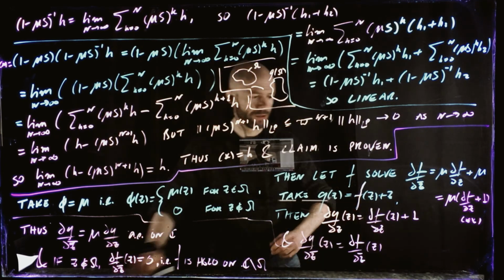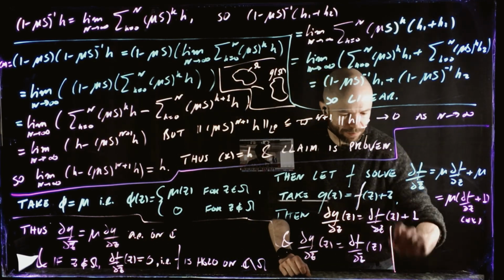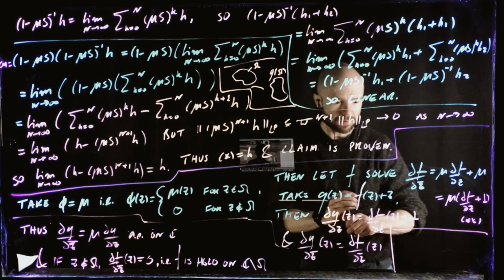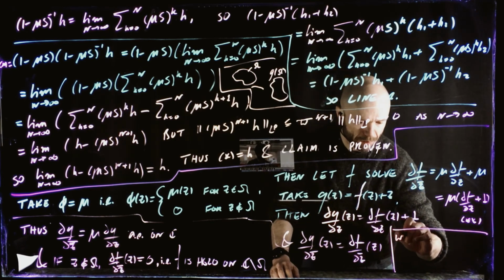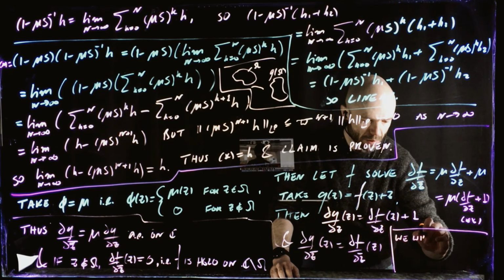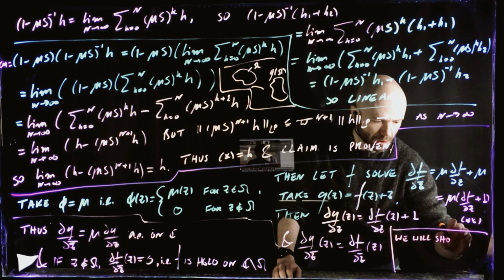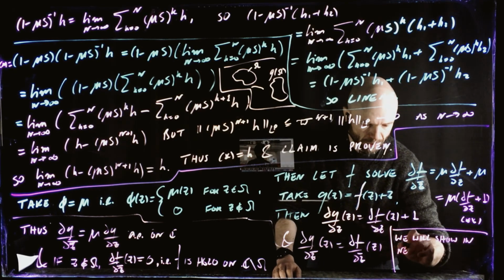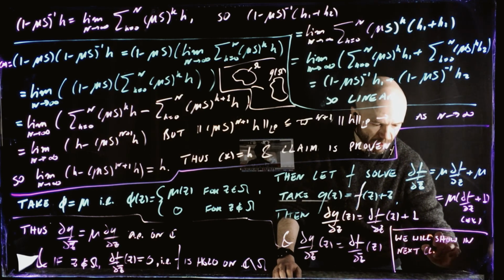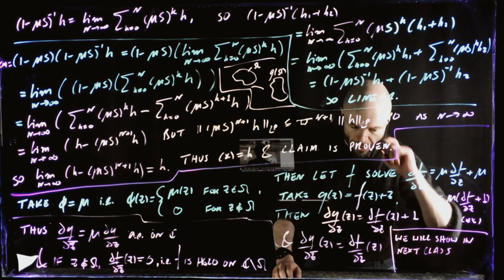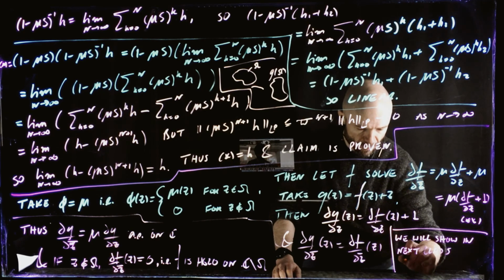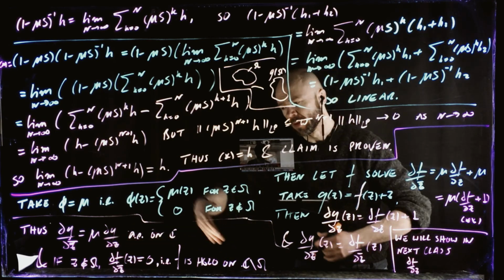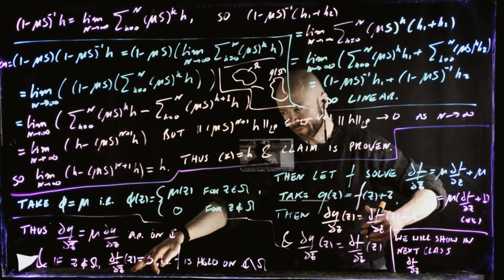Let me just write down what we're going to show, and then you guys can think about it. So we will show in the next class that df by dz, so there is only a conformal part of the gradient when we are outside of omega because of this thing.